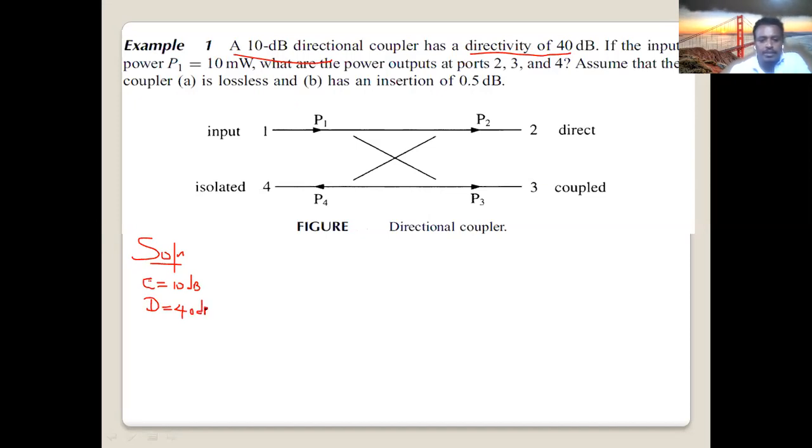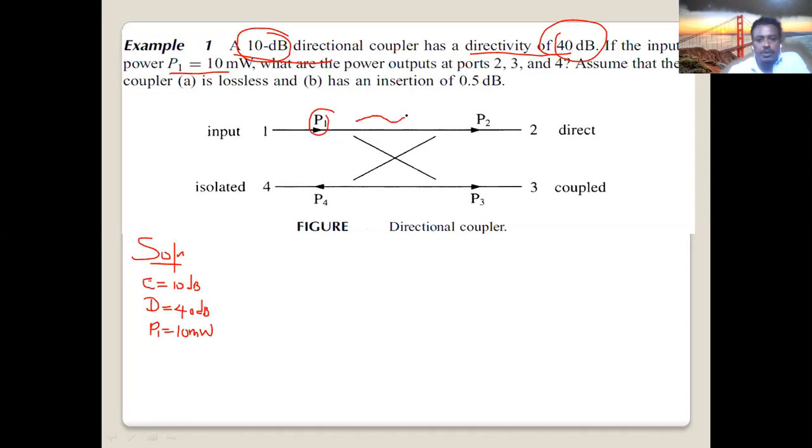So this coupler has 40 dB directivity and 10 dB coupling. Another given is the input power P1, 10 milliwatts, applied here.